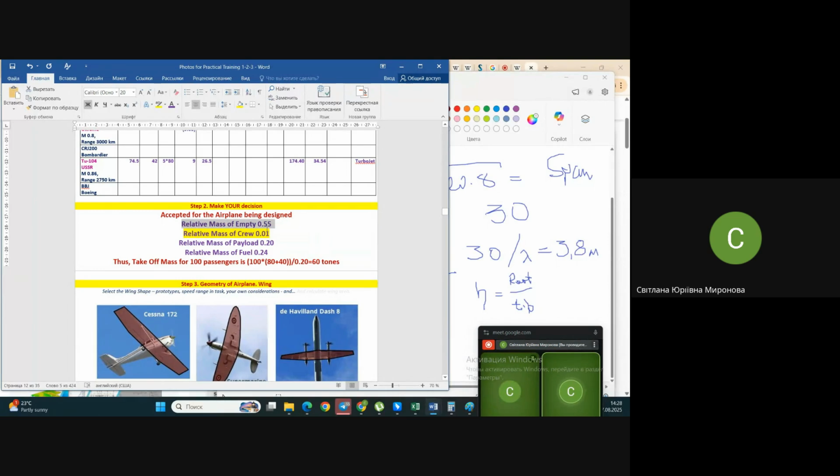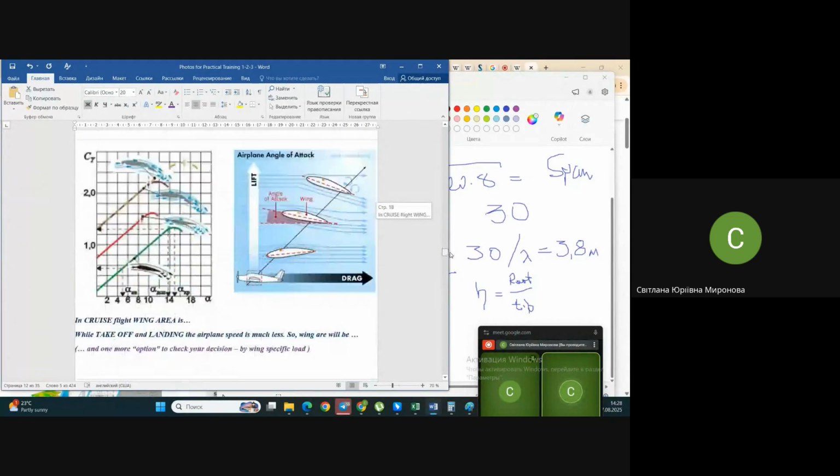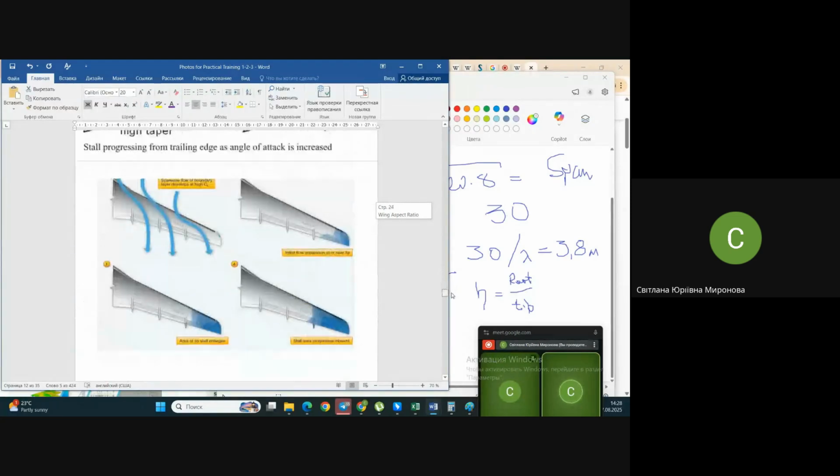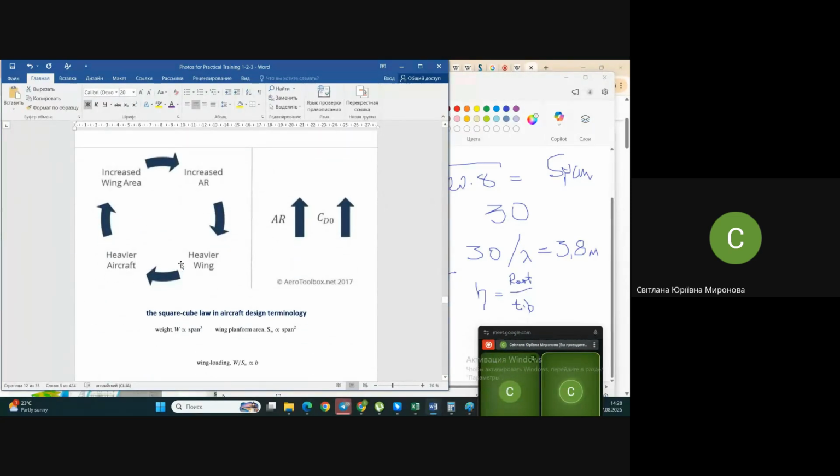If this relative value is the same, it's still supposed to be half of the airplane, but in kilograms it became greater. And what happens then? It means that all the takeoff weight you need to recalculate. The aircraft is heavier. After you recalculate the aircraft takeoff weight, as you have just seen, what might happen?